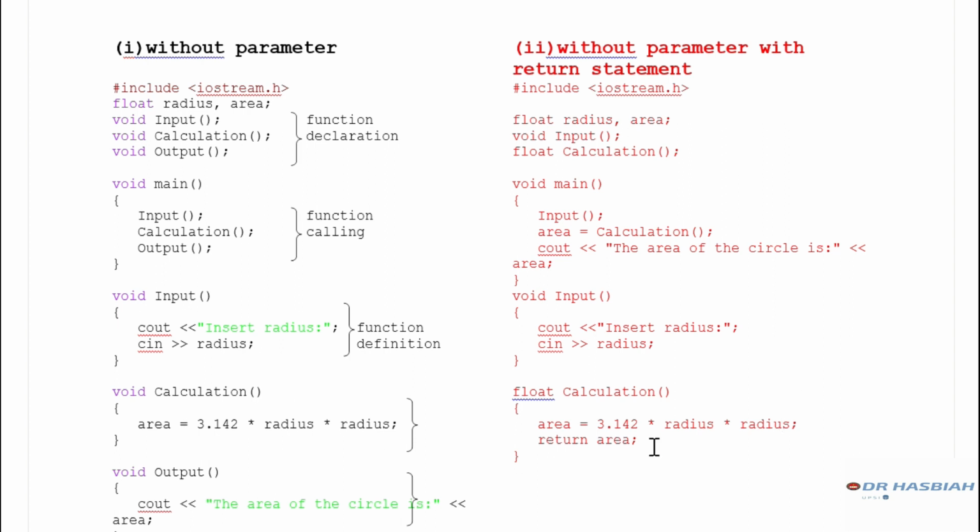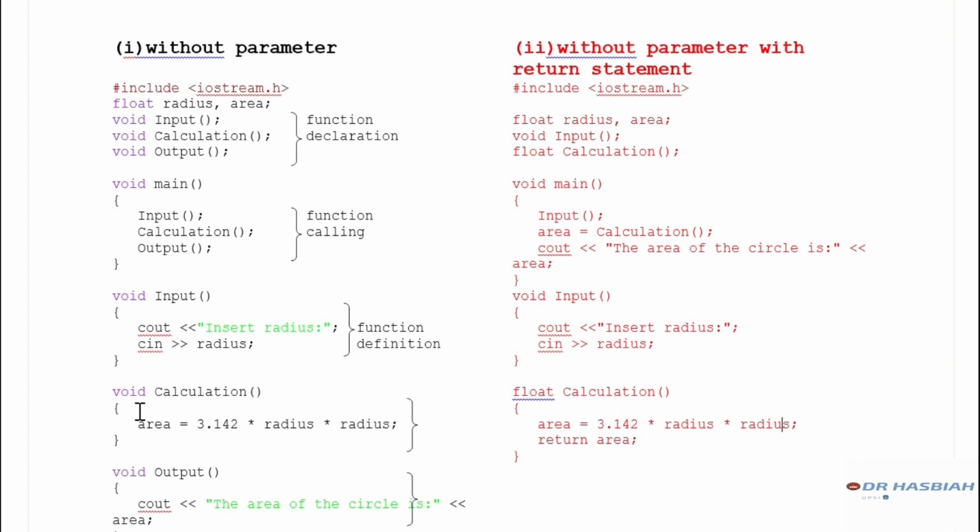Now if you notice here, we have the second function definition, calculation, but what is the difference between the calculation in this function and the calculation in the function without parameter here? If you see, the data type for the function calculation is different, right?